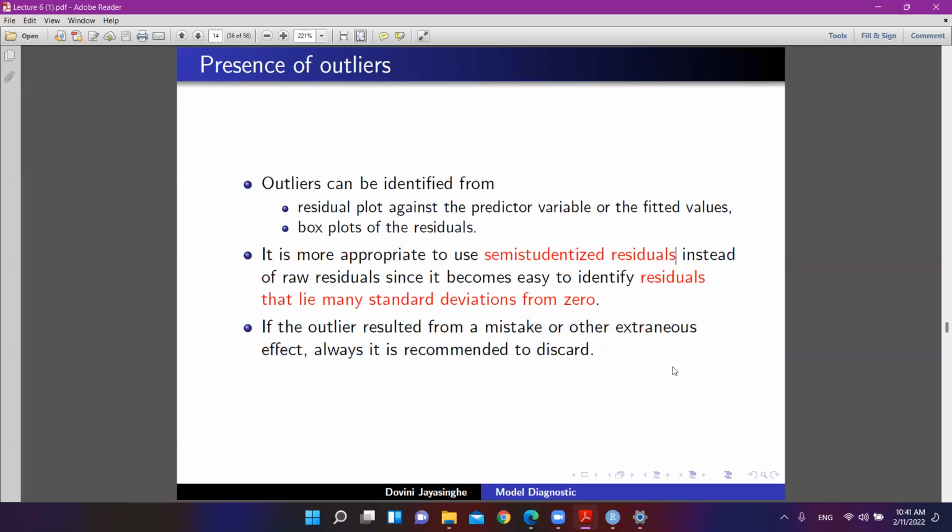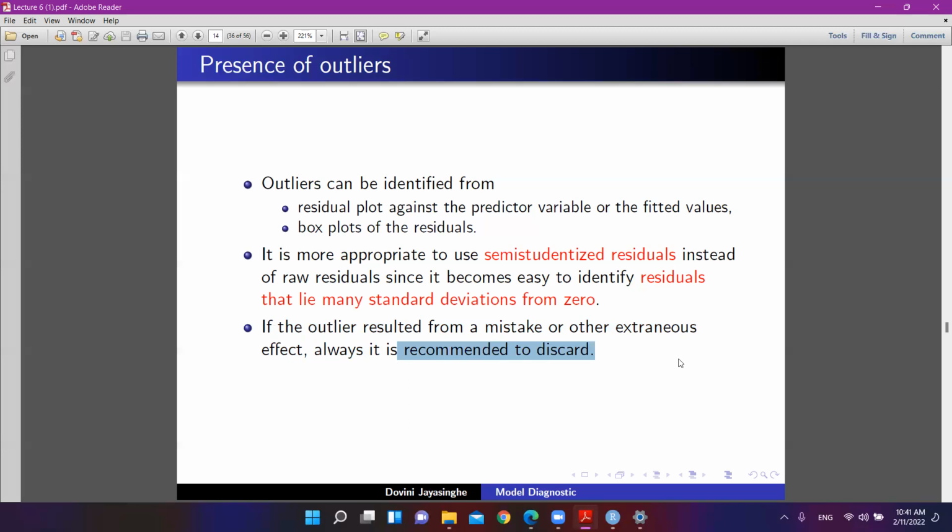If you go back to your data set, whenever you find an outlying residual, check the data set with your naked eye, because we are humans and we can really understand. If you find this is some mistake done by the data entering person, it's always better to omit that observation. You take that observation away from the entire regression analysis.